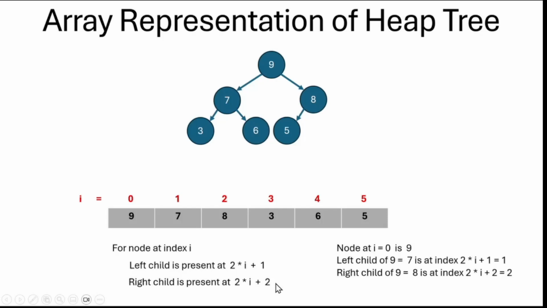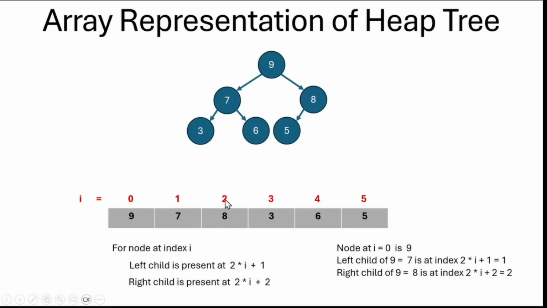Let's understand this. Let's say for the node at I equal to 0, which is 9, the left child of 9 is 7. It will be present at 2 into I plus 1. I is 0, so 2 into 0 plus 1 is 1. So you can see 7 is present at index 1. And similarly, the right child of 9, based on this formula, is present at index 2. The right child of 9 is 8.